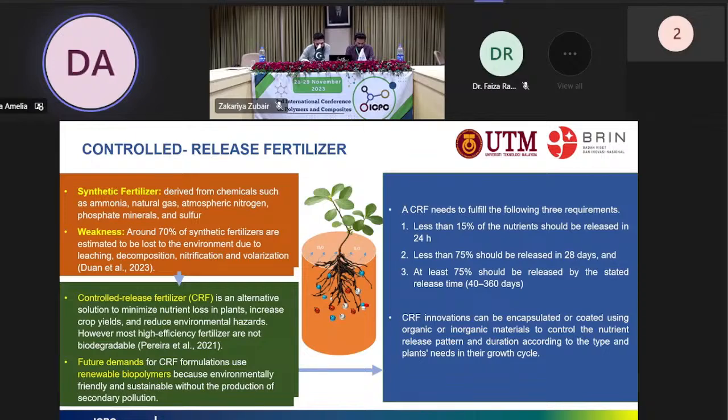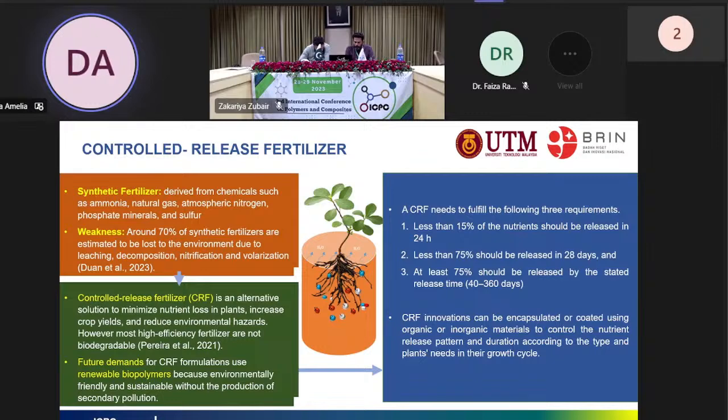In addition, global farmers apply approximately 115 million tons of nitrogen to crops yearly, of which about 75 million tons flow into the river, lake, and the environment. Because of that, to minimize nutrient loss in plants, increase crop yields, and reduce environmental hazard, controlled release fertilizer or CRF is an alternative solution.